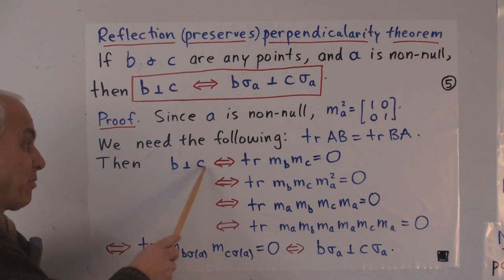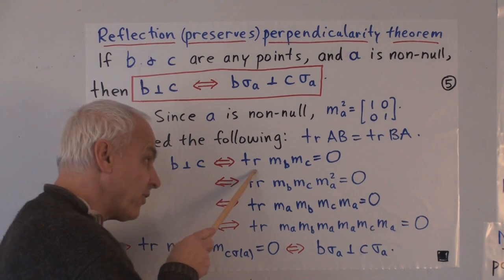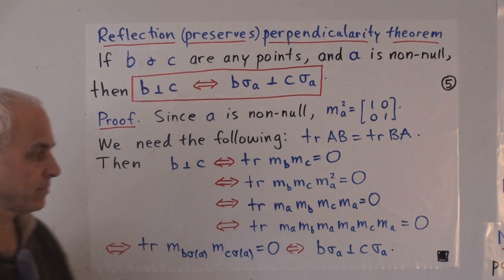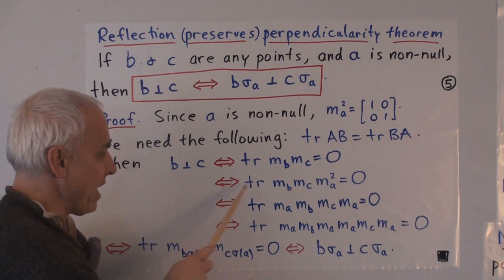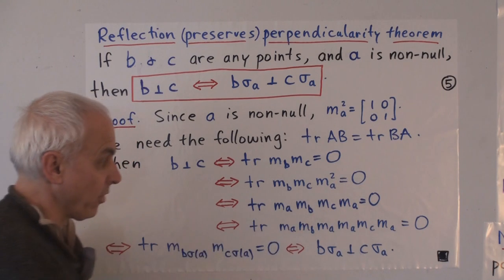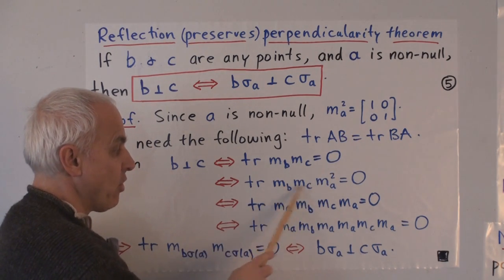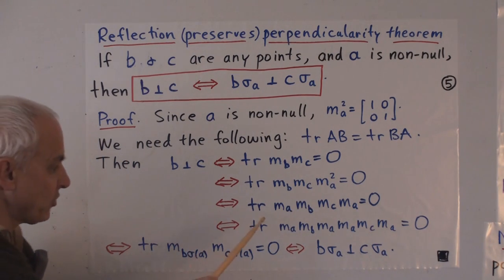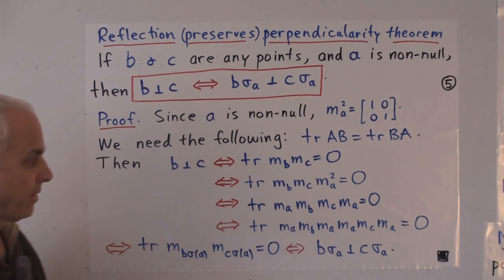So suppose that B is perpendicular to C. We've just learned that that's equivalent to the trace of M_B times M_C equals 0. That's the same as the trace of M_B M_C times M_A squared equals 0, because M_A squared, as we've noted, is the identity matrix and has no effect on this product. And that's equivalent to the trace of M_A M_B M_C M_A equals 0.